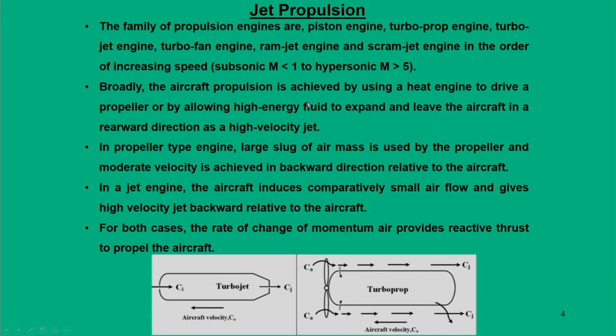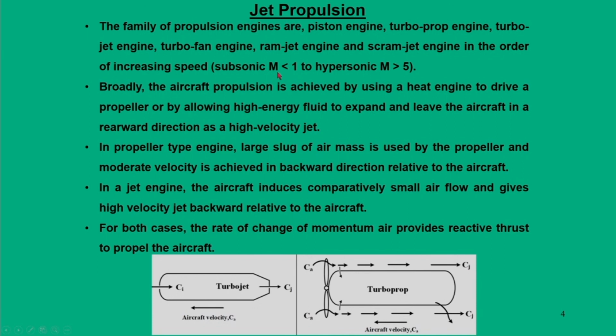Now, over the period of time there have been many developments in propulsion engines, such as piston engines, turboprop engines, turbojet engines, turbofan engines, ramjet engines, and scramjet engines. If you want to travel faster, then we have to change the propulsion engine in this order.